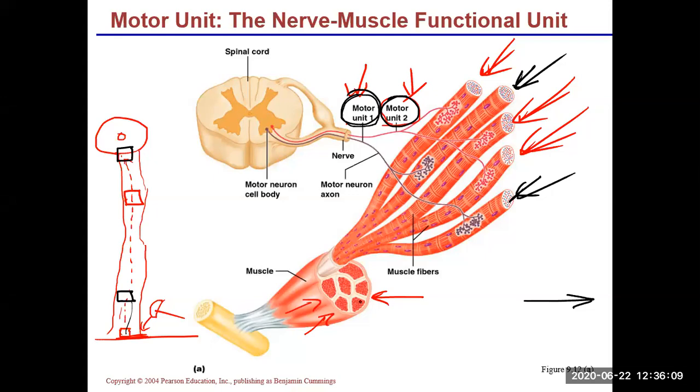In fact, if somebody timed you during a possible fire in the building, you might break your own record for how fast you get out. That's how fast you're going to be, because you're going to recruit a lot of these muscles. A lot of times during emergency, these muscles get recruited all at the same time. Motor unit 1, 2, 3, 4, 5, all stimulating your muscle.